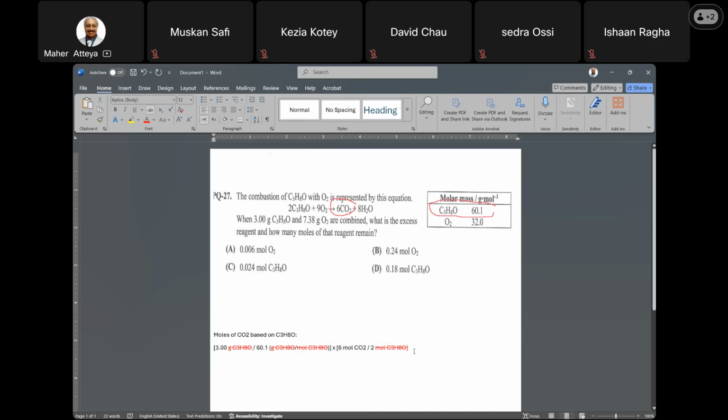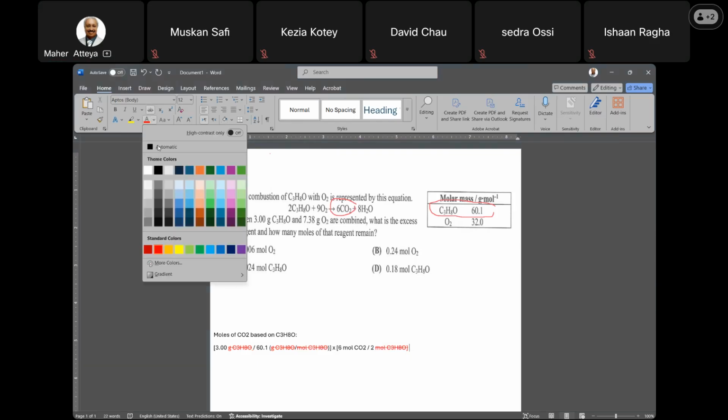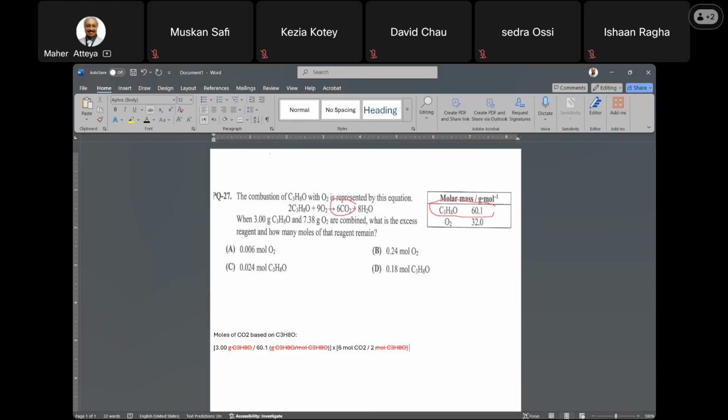Then what you get is the number of moles of CO2. So the answer is in the unit of moles of CO2. Let's calculate this.